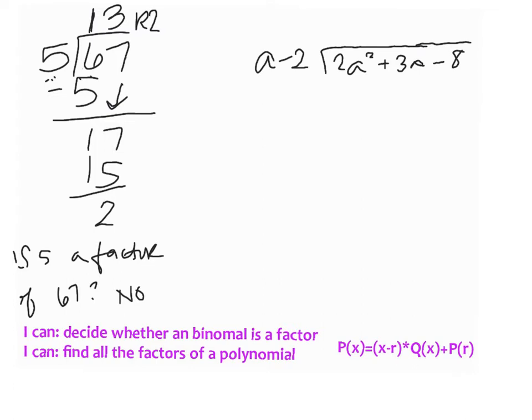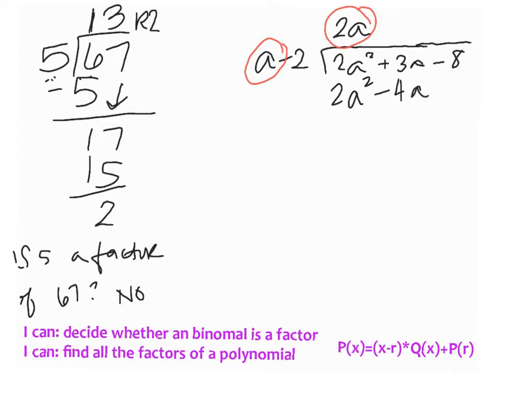How many times does a go into 2a squared? So a times what would be 2a squared? A times 2a would be 2a squared. So I'm going to multiply these together and I get 2a squared, but I can't forget about this negative 2. So 2a times negative 2 is minus 4a.